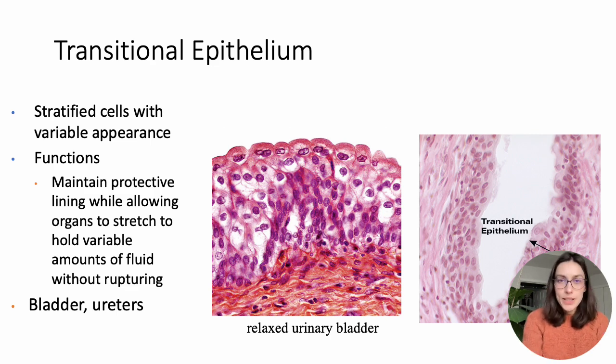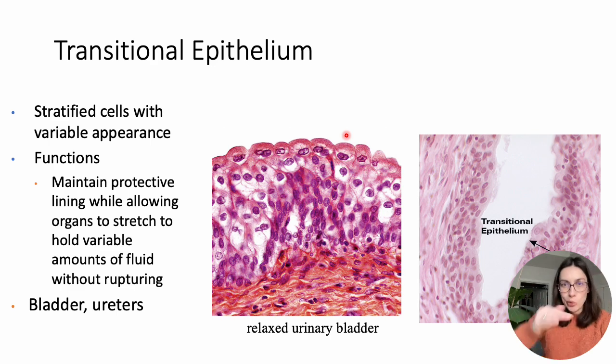And these places need to be able to stretch. So if there's a lot of fluid in there, they need to be able to expand and make space for that fluid. If there isn't, then they can relax, take up less space. So this is a stratified type of epithelium, but it has a visible appearance in that the apical layer of the epithelial cells has this balloony appearance.